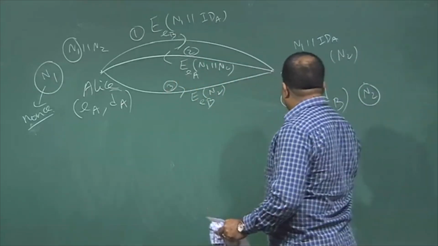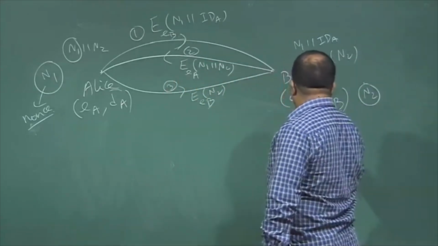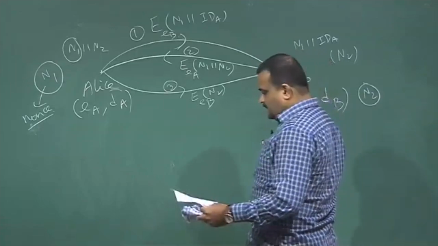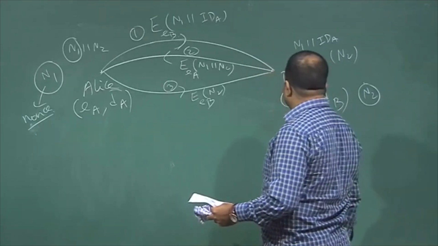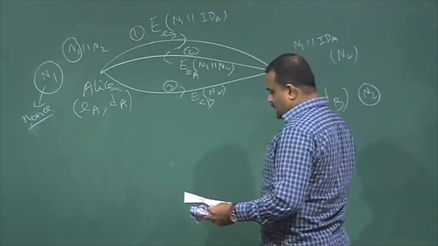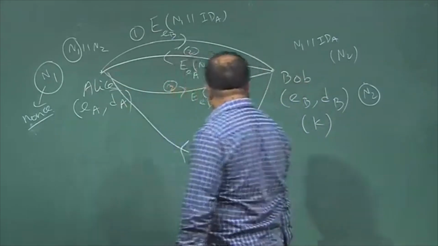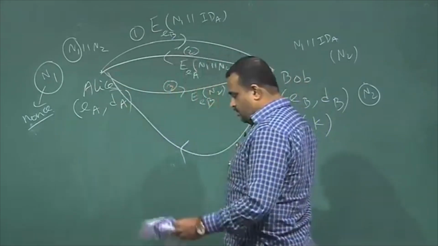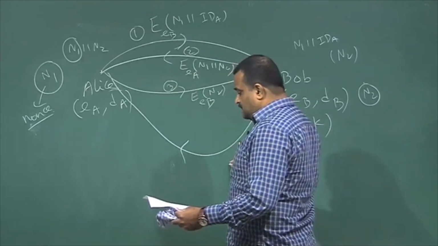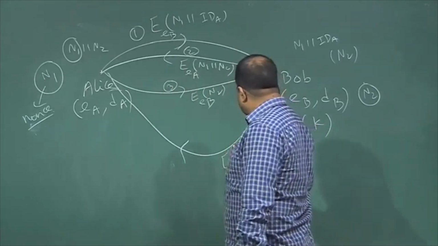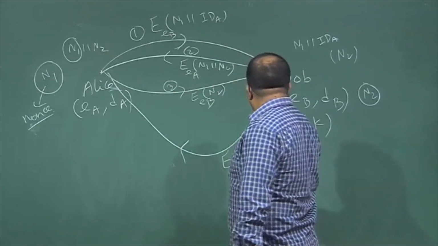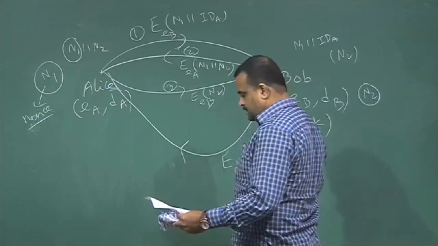Now Bob will choose a symmetric key K. This is the final communication, for confidentiality and authentication.